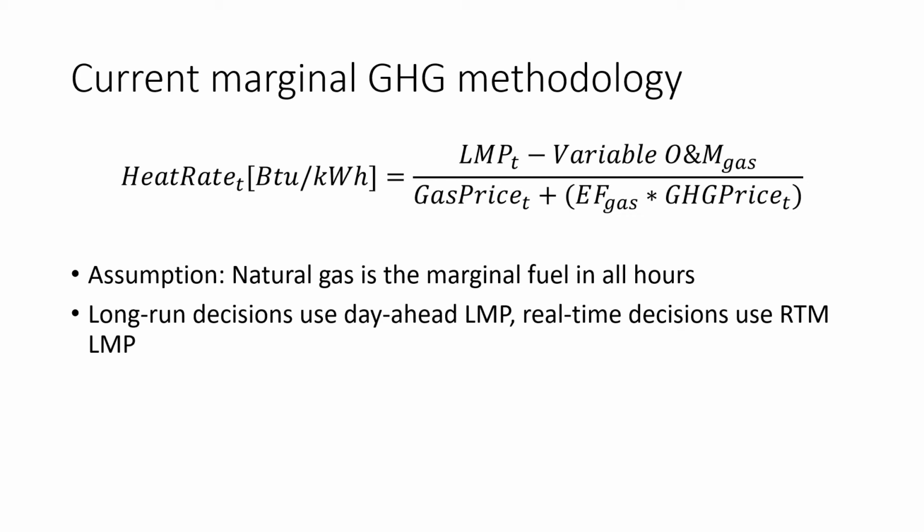To get that heat rate, it subtracts the average variable operating and maintenance costs from the LMP price, which in theory should leave you with just the cost of the fuel consumed by that plant. Once you have that fuel cost, you can divide by the total price of gas, which includes the fuel price and also the GHG allowance price, to get the heat rate. And from there, you multiply the heat rate by an emissions factor to get the marginal emissions rate.